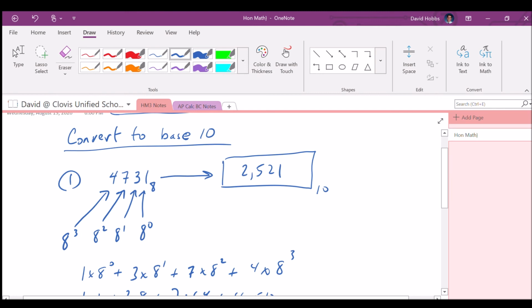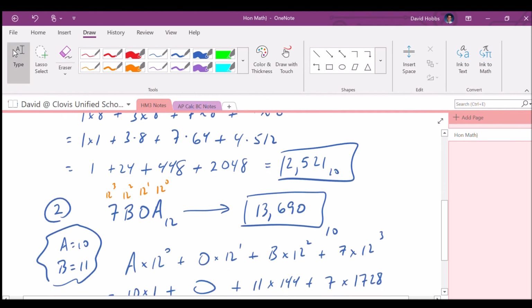So, for example, here this 4,731 base 8. It's not really 4,731. It's 4731 base 8. But notice how it actually looks like it's a smaller number here in base 10. They're equal numbers. It's just they're in different bases. Whereas the 7B0A is actually even one more digit long in base 10.